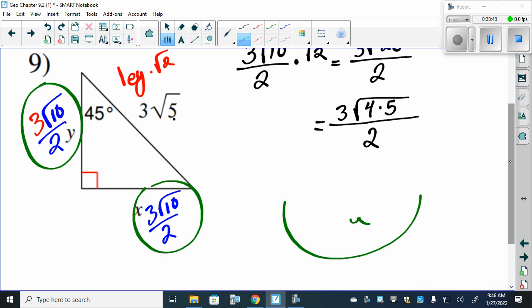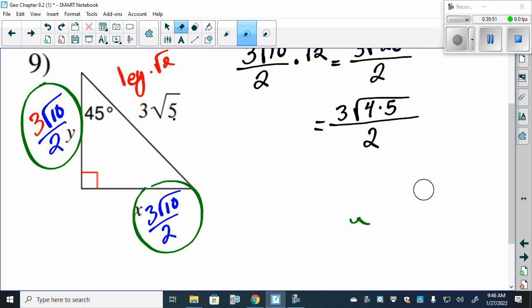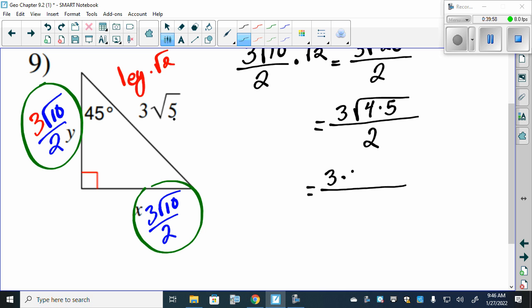Well, what's the square root of 4? 2. So really out front we have 3 times 2 times the square root of 5 divided by what? What's going to happen to those two 2's? They simplify to 1. They cancel out, leaving us with what? Is that what our hypotenuse is?